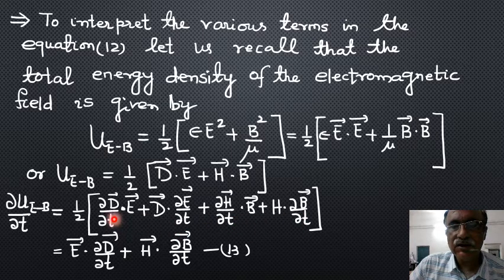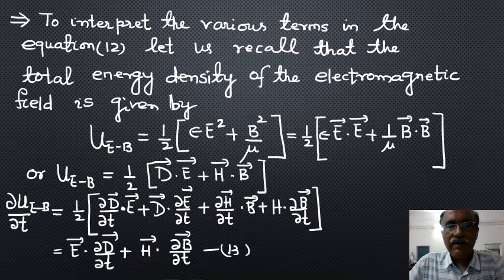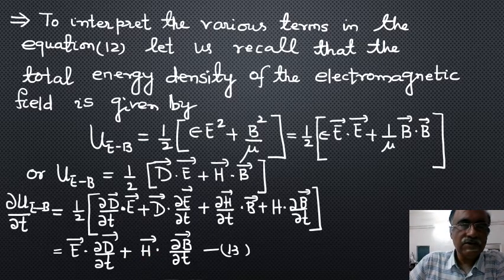Essentially, it is twice E dot del D by del T plus twice H dot del B by del T, and that 2 gets cancelled and we come out with an expression as E dot del D by del T plus H dot del B by del T. And this is the rate of change of electromagnetic field energy density.